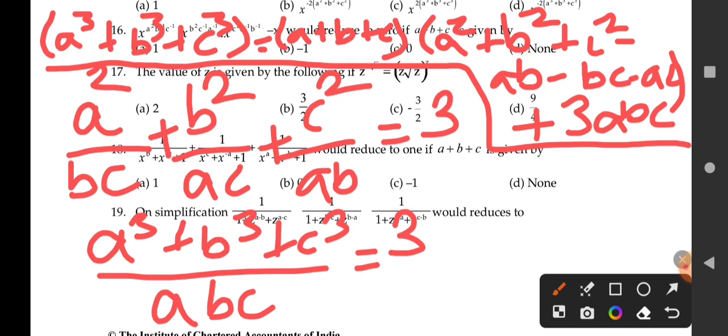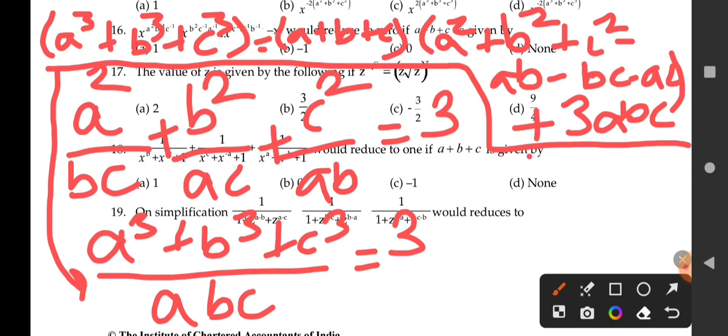Please write this formula in your notes for your revision of equations. So let us substitute when you compare these two equations. When you substitute a cube plus b cube plus c cube, you get 3abc equals to this whole equation plus 3abc.